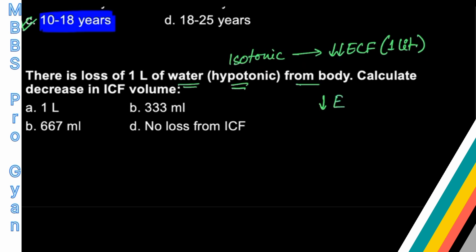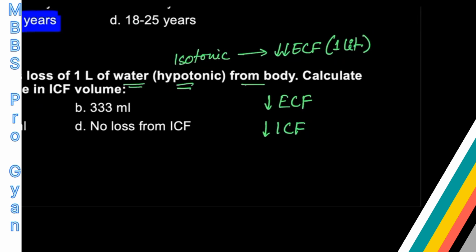But because it is hypotonic, there will be decrease in ECF volume and also in ICF volume. So 1 liter will be lost from both compartments, but how much will be lost from which compartment? Answer is, it is according to their original volume, means 2/3 will be lost from the ICF compartment and 1/3 will be lost from the ECF compartment, because 1/3 and 2/3 is the original distribution of these two compartments.